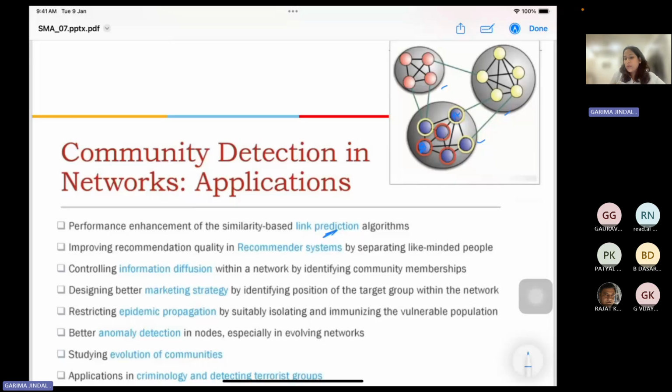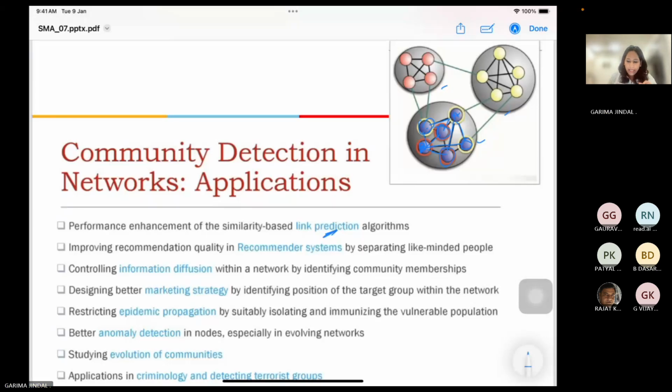Not only do they belong to the same community, they have a lot of common connections. These three are common, and even this node. So all these neighbors are common to A and B. Because these are nodes belonging to the same community, at a certain point of time there is a very high probability that these two will form a link.